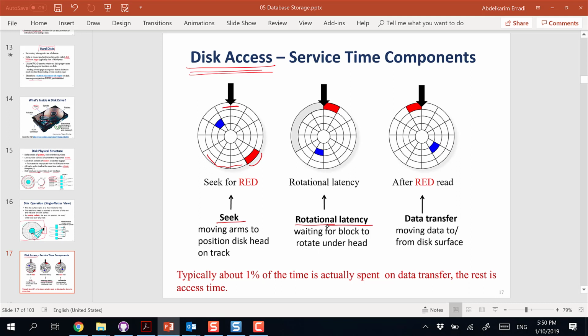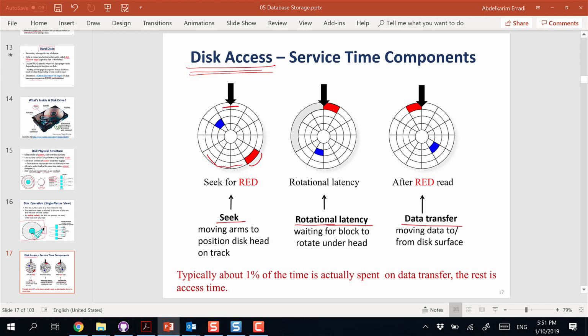We place the arm on the correct track and then wait for the disk to spin for the block we want to read to come under the arm. So there is the seek time to move the arm, there is the rotational latency to wait for the block that we want to read to come underneath the arm, and then finally, the least costly, which is the data transfer.